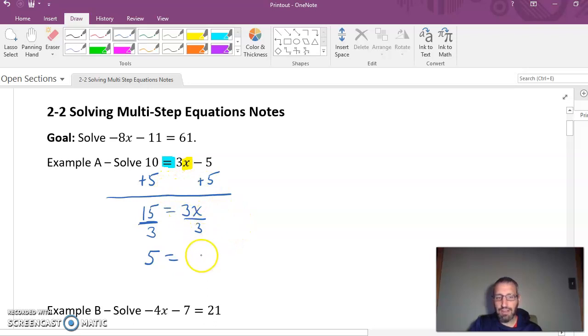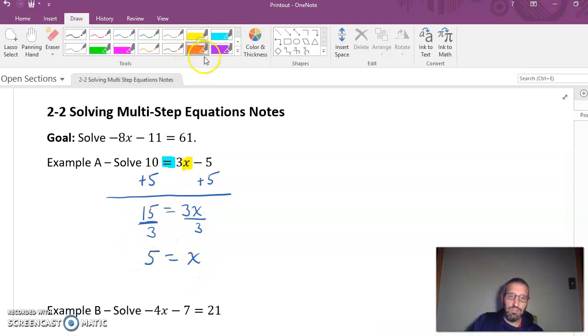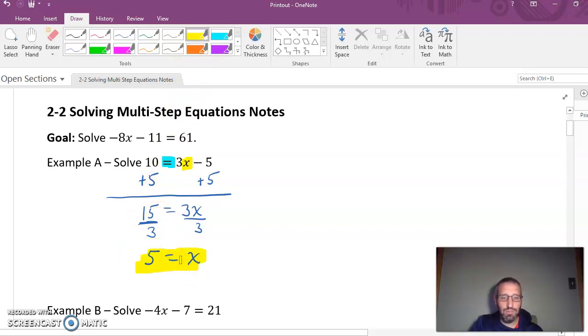And then 3x divided by 3, that's going to cancel out. It's just 1, or 1x, or just x. So solving for x in this equation, we can isolate x to be by itself and know that the x value is 5. And if we wanted to check, we could substitute that back in here and simplify if we wanted to.